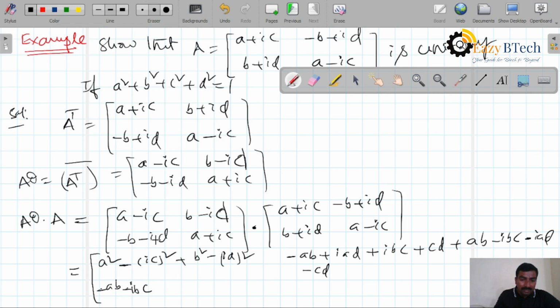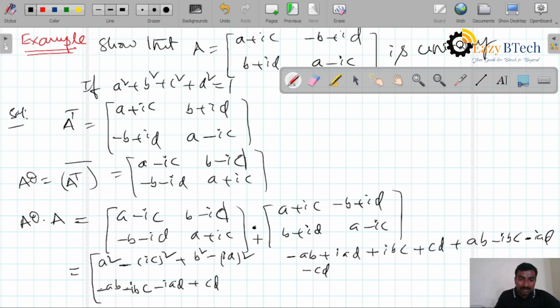Next here, minus ID into A, minus IAD. Minus ID into minus IC, I into I square minus 1, minus into minus plus 1, plus CD. Okay, that's over.